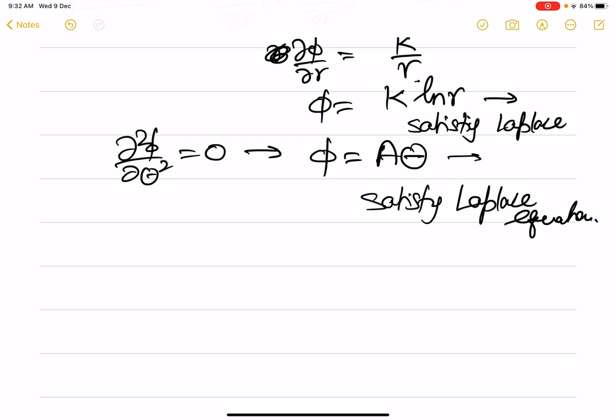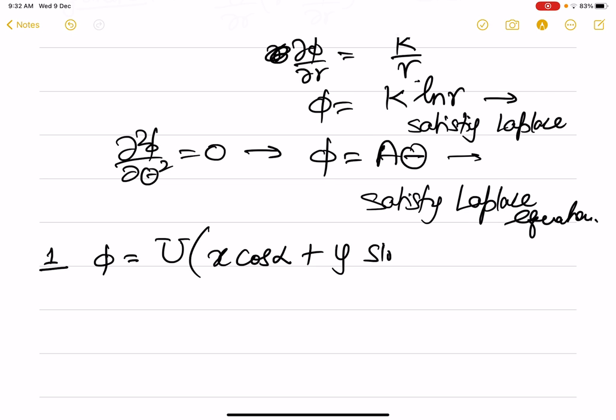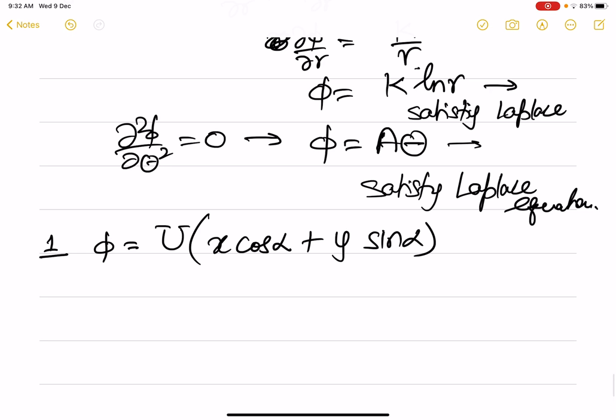So the first flow we will look at is when phi is given by capital U times (x cos alpha plus y sin alpha). So here U and alpha are constants.